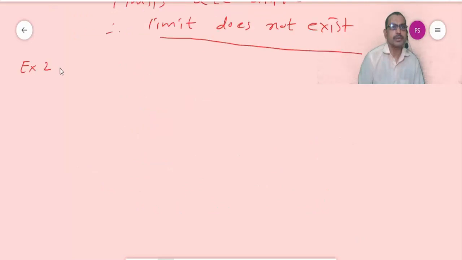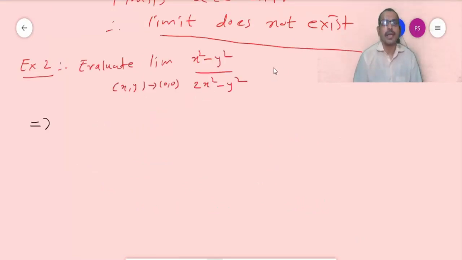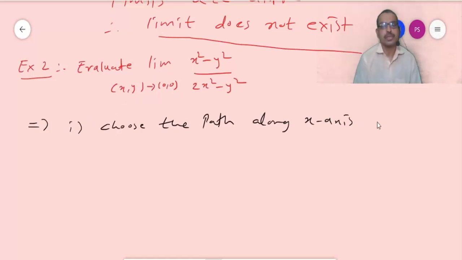Problem number 2. Evaluate the limit of x square minus y square upon 2x square minus y square as xy approaches 0, 0. Here, first, we choose the path along the x-axis, that is, y is equal to 0.